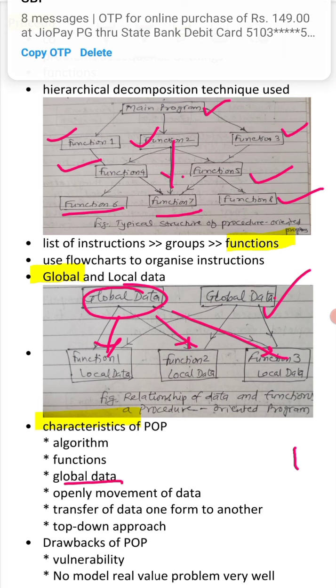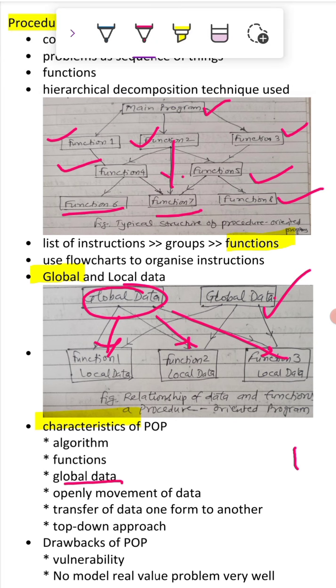This is the main problem. In case we need to revise an external data structure, we also need to revise all functions that access the data. This is a very great problem, and this provides an opportunity for bugs to creep in.